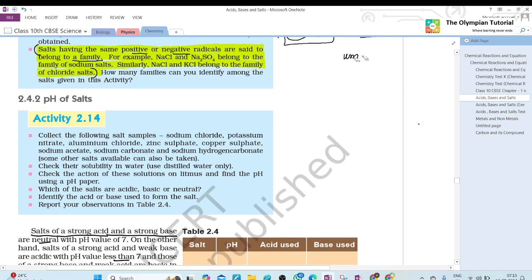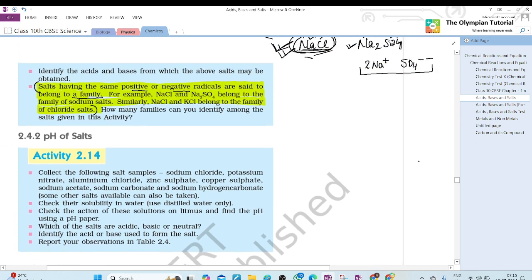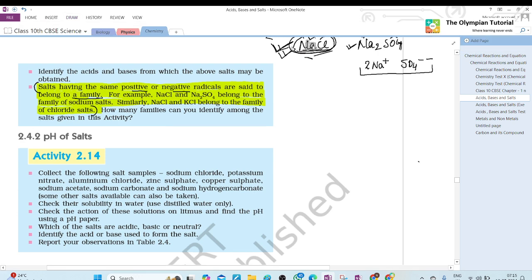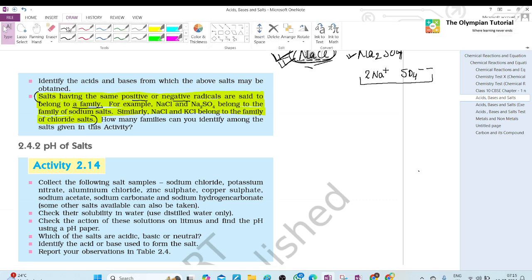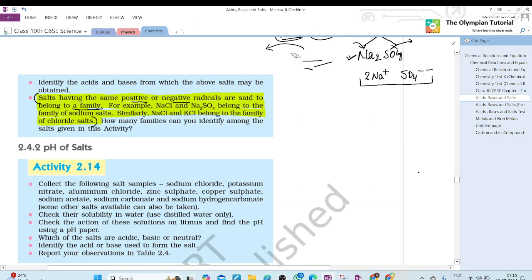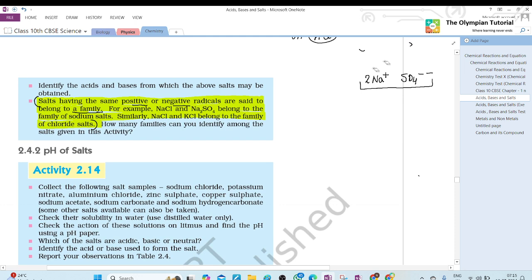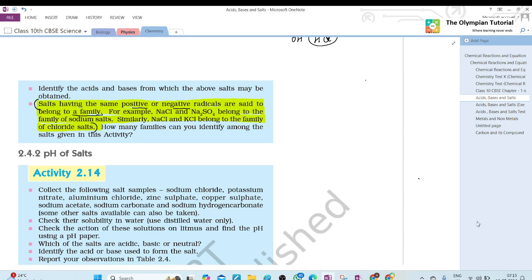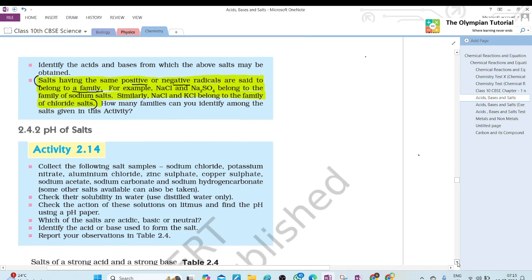Now we will discuss activity 2.14, pH of the salts.